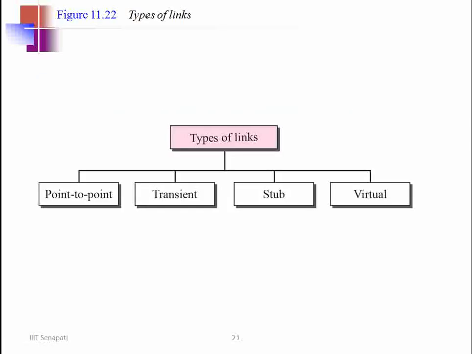Okay, we have different kinds of links. Before this, as I said, we will also talk about the metric. What is a metric? So the metric is just the cost, right? In this OSPF protocol, it allows the administrator to assign a cost to each route. This cost will be called the metric.